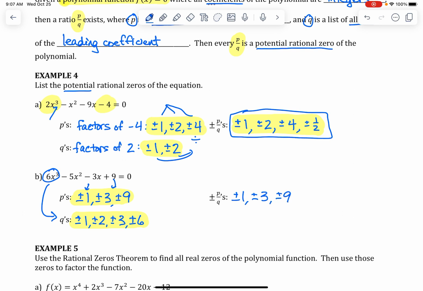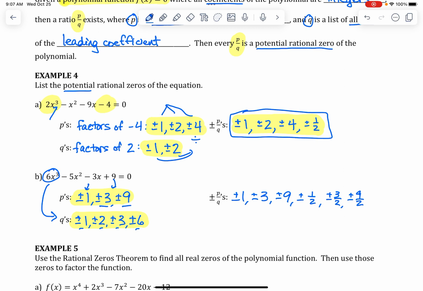All right, so I've taken all the P's divided by the first Q. Now take all the P's and divide them by the second Q. 1 over 1 we did. 1 over 2, 3 over 2, and 9 over 2. So we took all the values of P and divided them by each of the factors there.